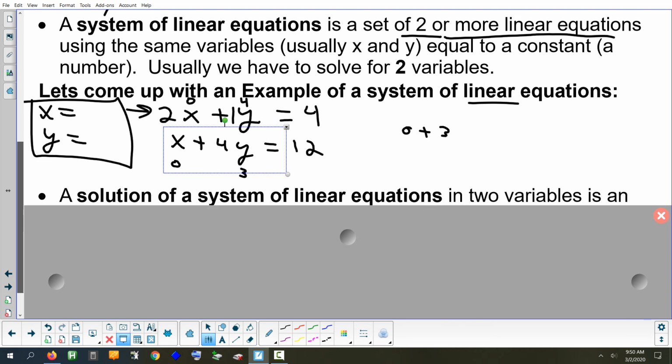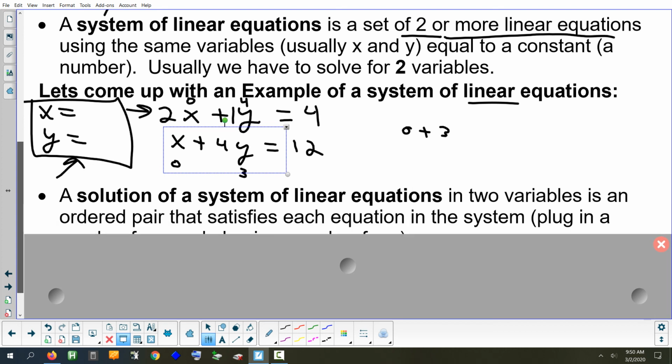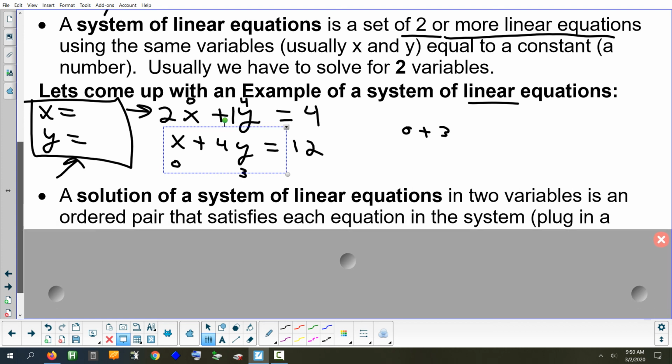Okay, so the second bullet. It says a solution, which I actually put a box like that to show you. A solution of a system of linear equations. That's what you want to fill in on that line. A solution of a system of linear equations with two variables.